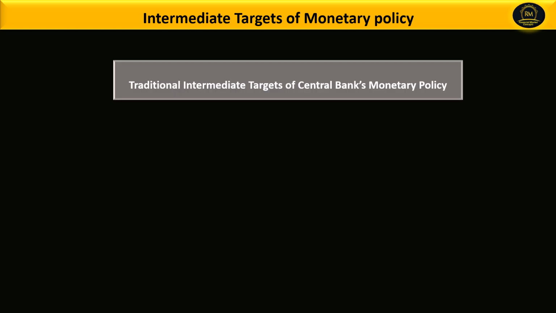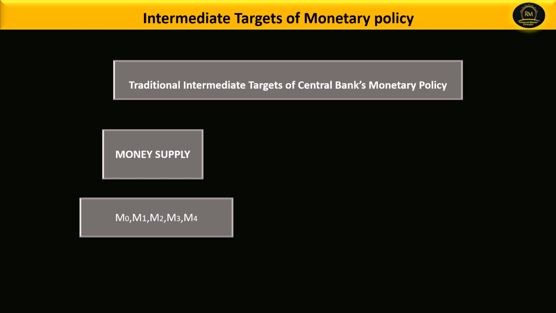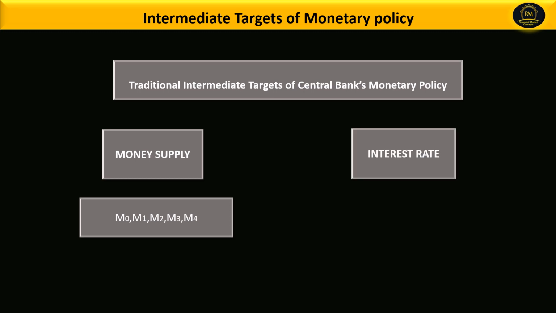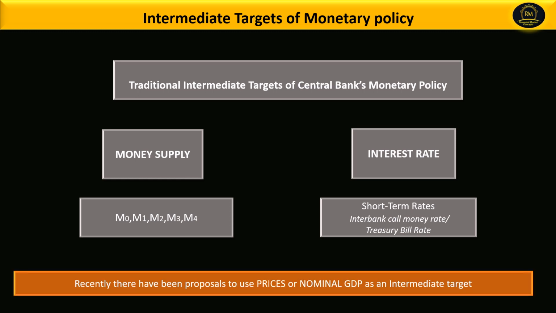But the traditional intermediate targets of the central bank's monetary policy are the money supply target, which includes monetary base, M1, M2, M3, and M4, and the interest rate target, which includes short-term rates such as treasury bill rates. However, in recent days, there have been proposals to use prices or nominal GDP as an intermediate target.